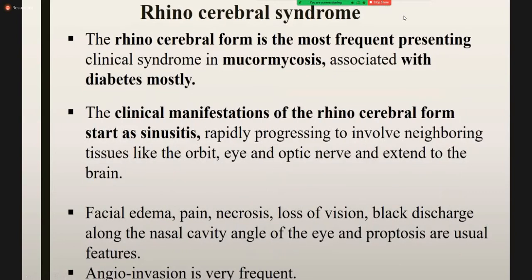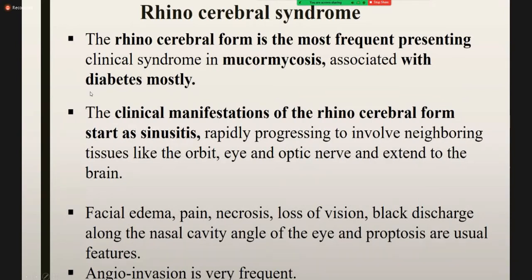Another very devastating illness which can be a cause of chronic meningitis is rhinocerebral syndrome, which is the most frequent presenting clinical syndrome in mucormycosis. This is the type of fungus which is most of the time associated with patients who have diabetes mellitus.